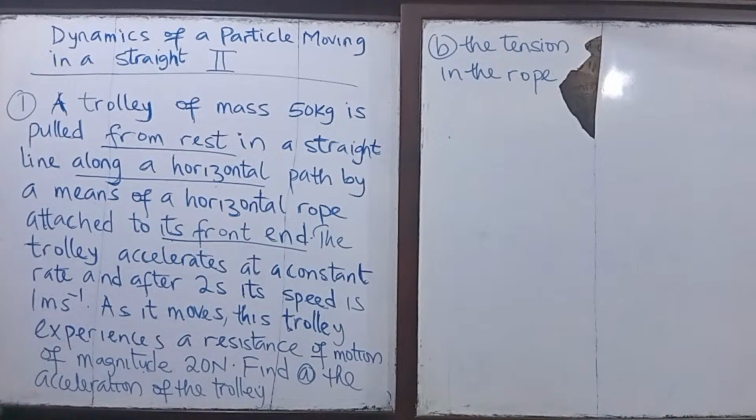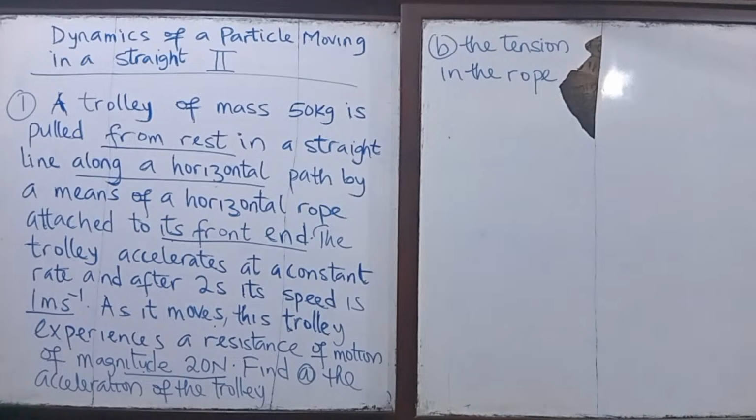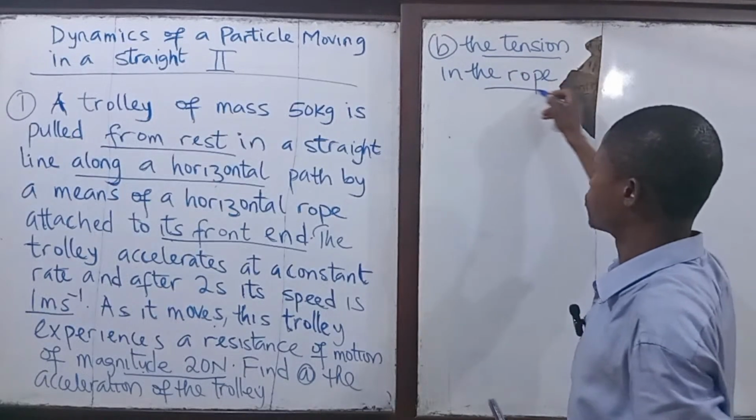The trolley accelerates at a constant rate, and after 2 seconds, its speed is 1 meter per second. As it moves, the trolley experiences a resistance to motion of magnitude 20 Newton. Find A, the acceleration of the trolley, B, the tension in the rope.